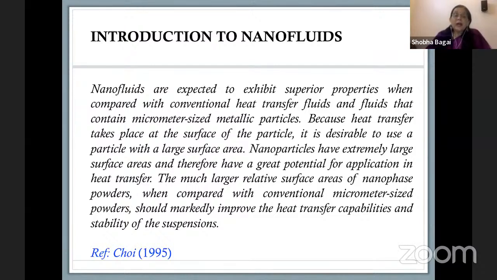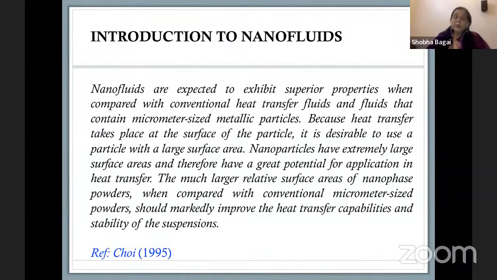So nanofluids are expected... Just look at the grammar he's using, because you need to understand this was done in 1995, when it was yet to be settled whether the effect Choi proposed would be there or not.